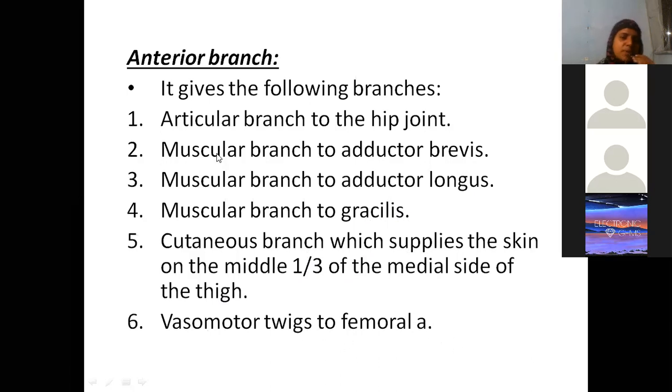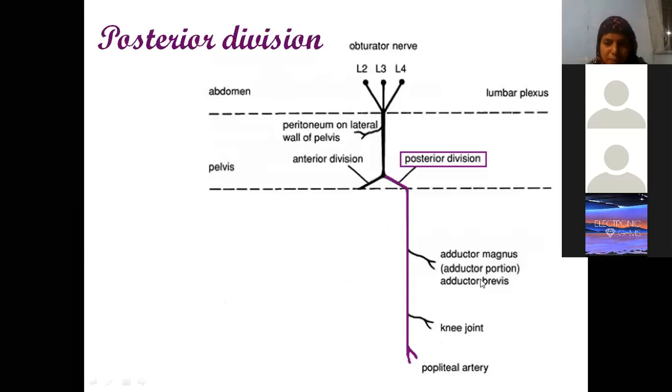Okay, these points. See, that means adductor brevis will either be supplied by anterior division or sometimes by posterior division. Why? Because it is present in the middle compartment. Brevis is written here also again, no? Posterior division, remember that.